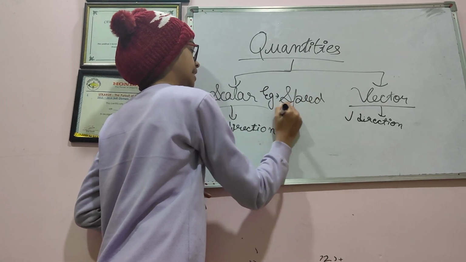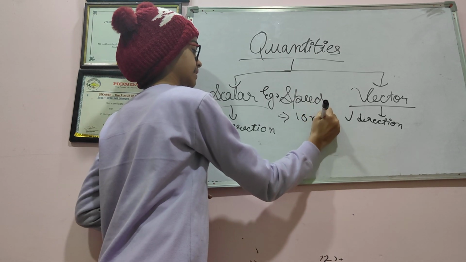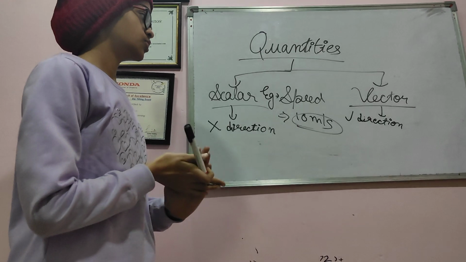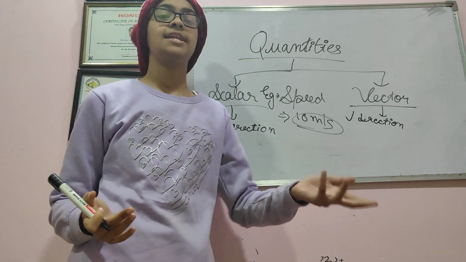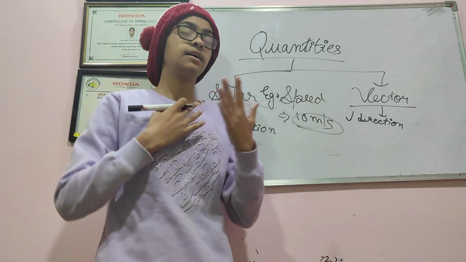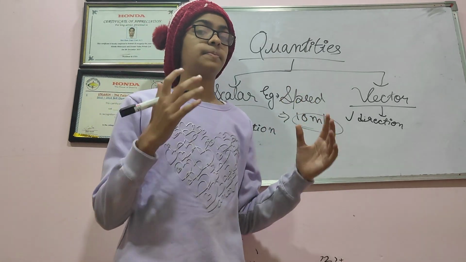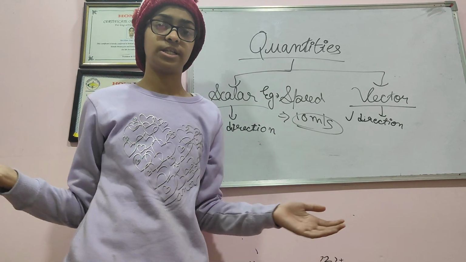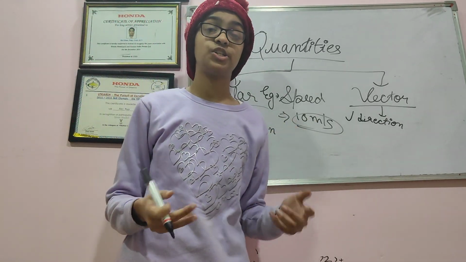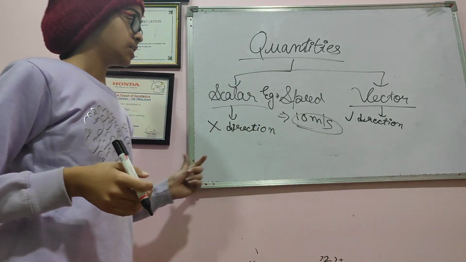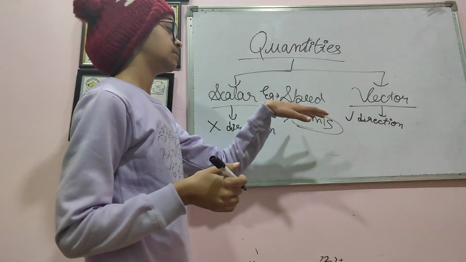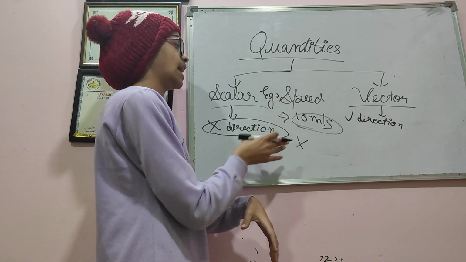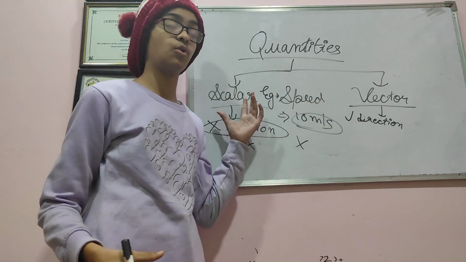If I say speed is 10 meter per second, is it telling you in which direction you are going? We know that I'm traveling 10 meter per second, but in which direction? There are lots of directions, north, south, east, west, but in which direction are we traveling? So in speed, we do not get the direction. So that's why it is a scalar quantity.